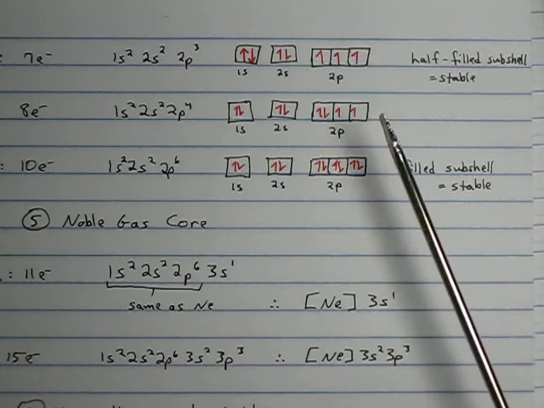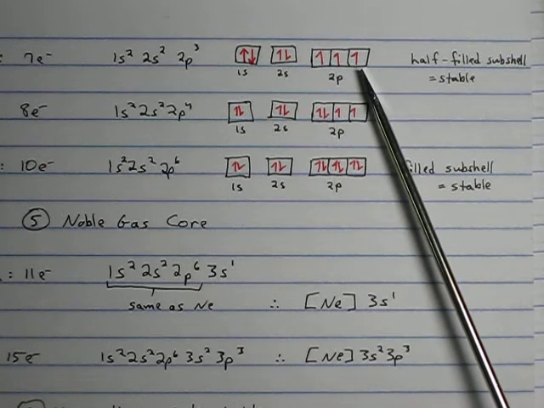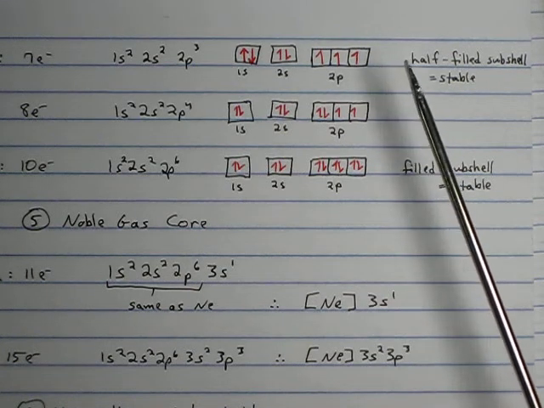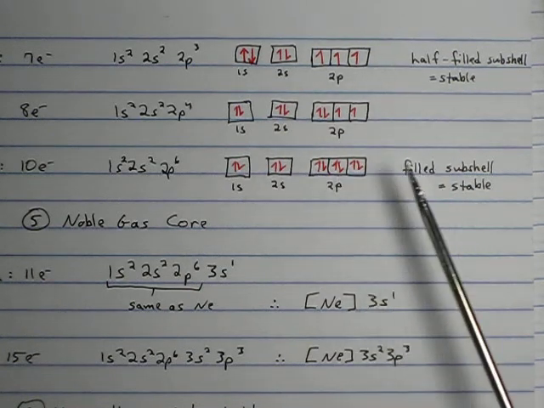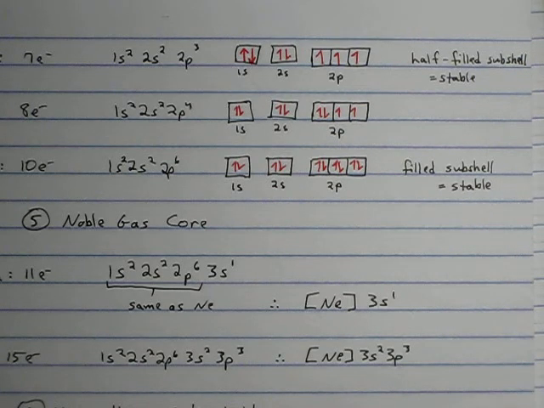A nitrogen atom is a bit more stable than an oxygen atom because it has this half-filled stable configuration. Note, neon has a filled subshell. Filled subshells are also nice and stable. And we're going to see in the future that anytime an atom can fill a subshell or half fill a subshell, it's probably going to do that because it becomes more stable when it does.